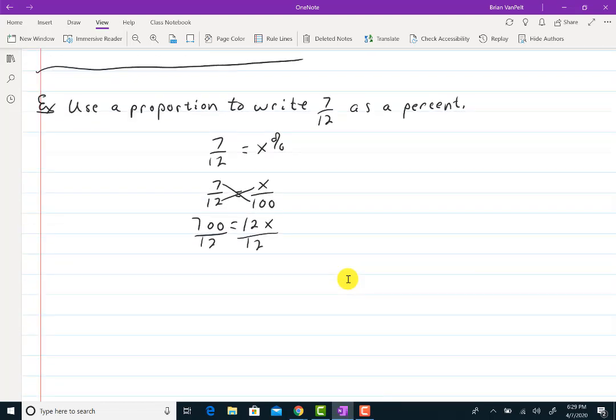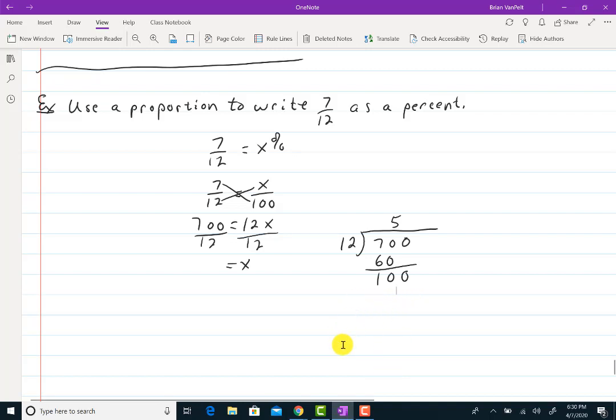I'm going to do like I did in the last problem, and I'm going to write it as a mixed number. So I'm going to do 12 into 700 and see how many times it goes in. Let's start with 12 goes into 70 5 times. Bring down a 0. 12 goes into 100 8 times. And then I did not want to go into decimals.